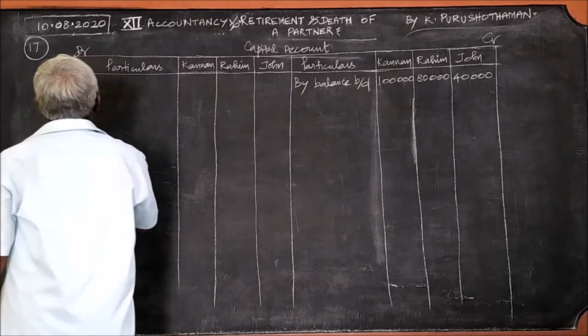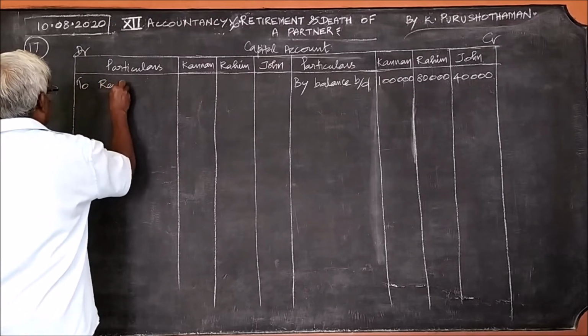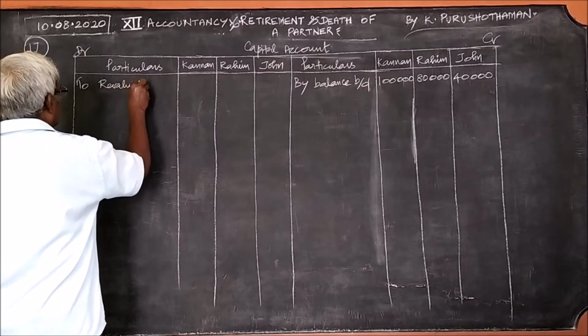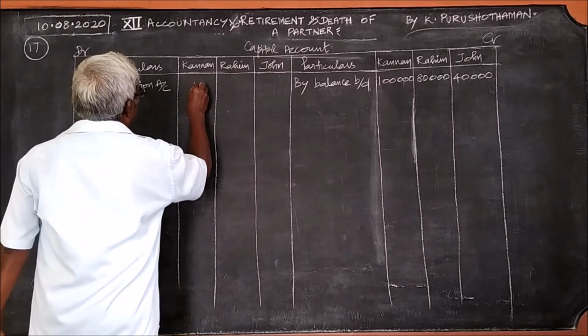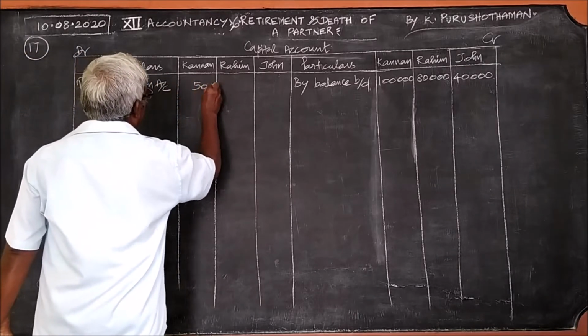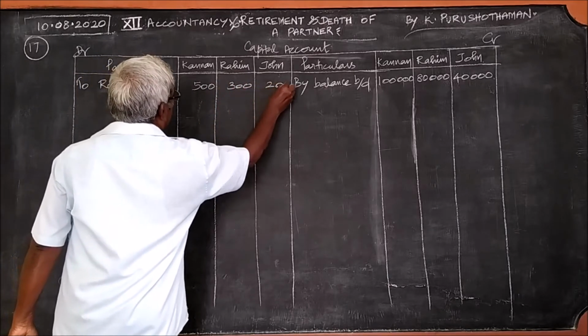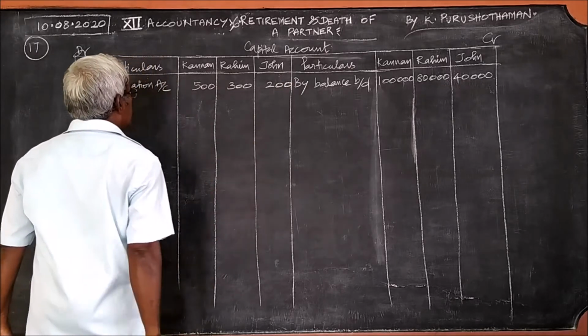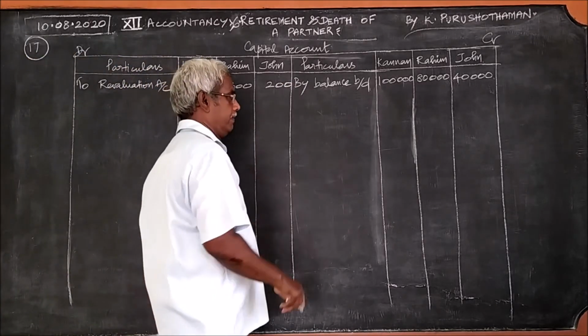Since it is loss, we should write on the debit side to revaluation account: 500, 300, 200. This is the revaluation account. Since it is loss, it is debited.